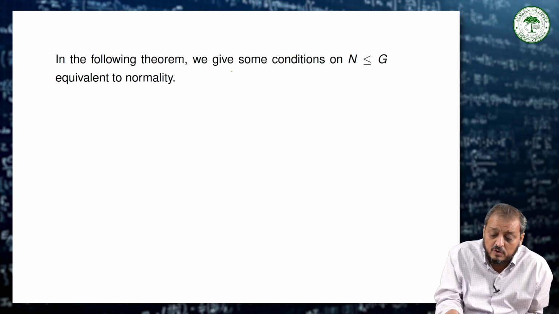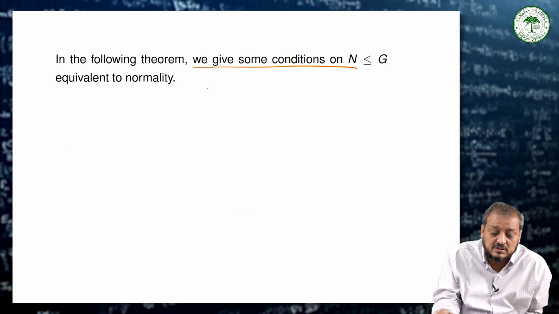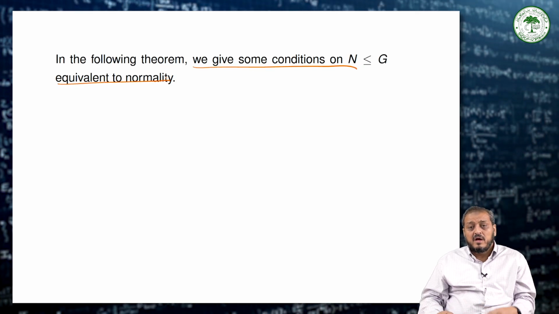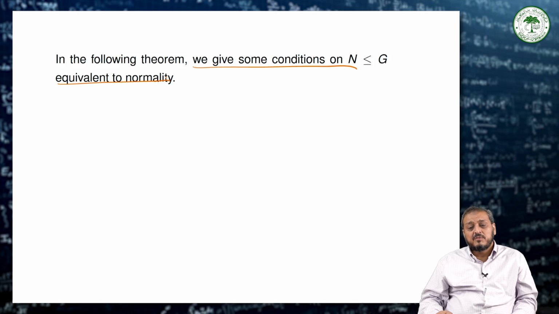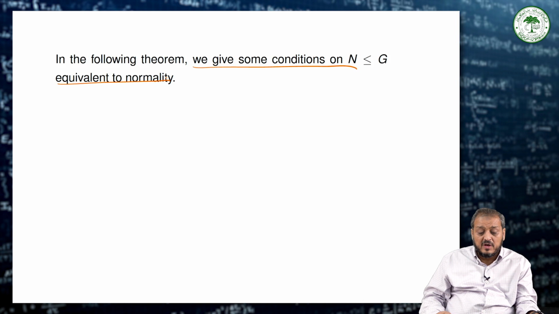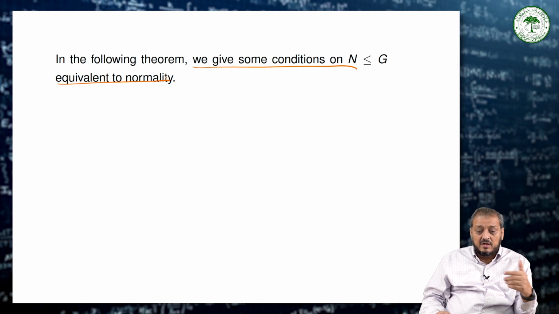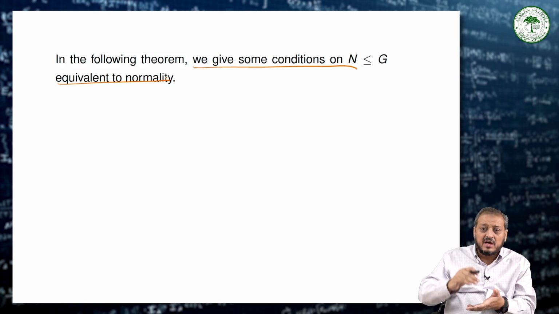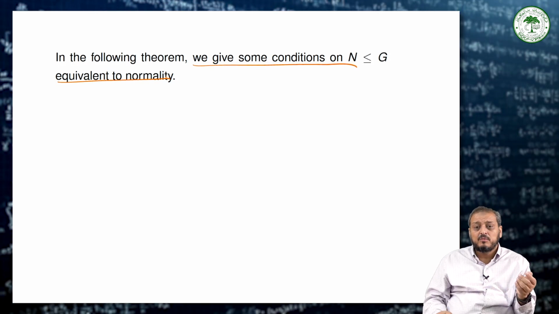Now in the following theorem we give some conditions under which being a subgroup is equivalent to normality. The next theorem gives some conditions that are equivalent to normality.